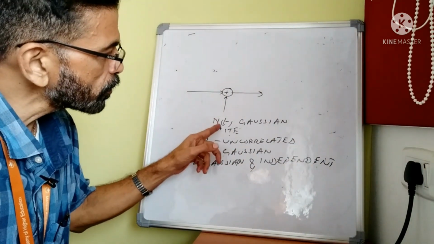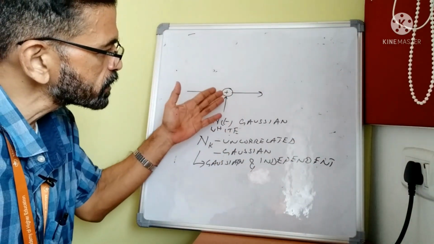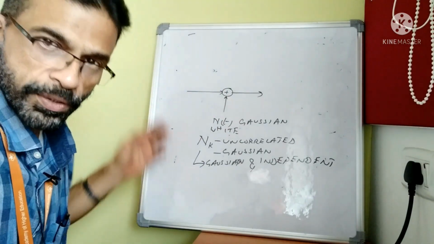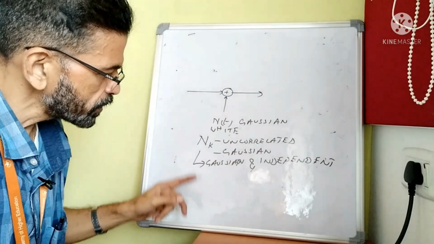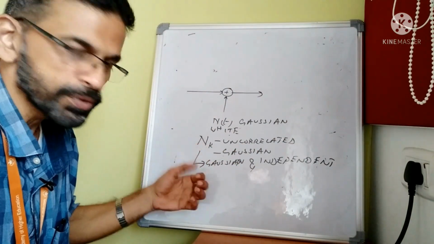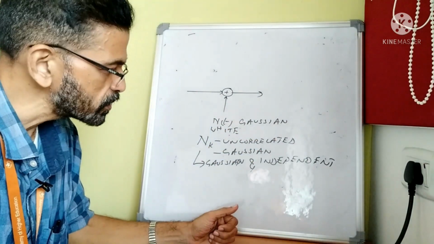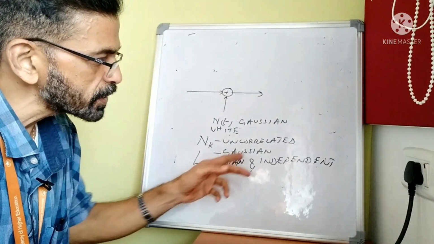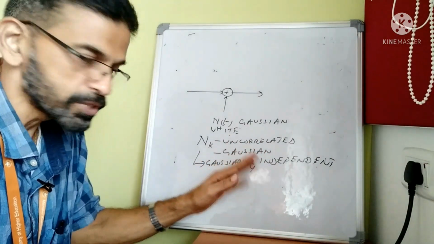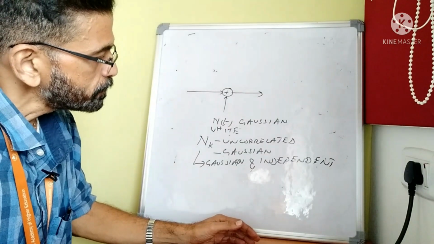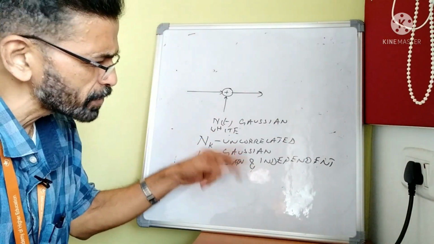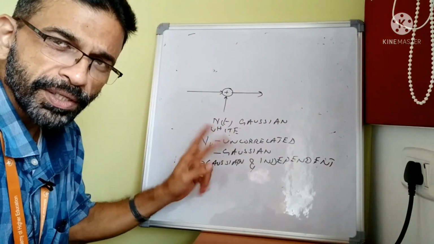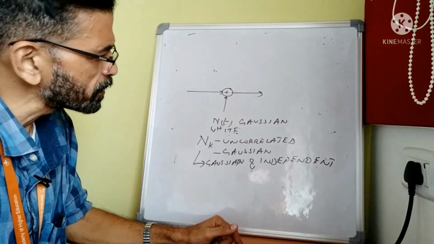So remember, when the noise process which gets added to the signal in the course of its propagation towards the receiver is white and Gaussian, then nk, the coefficients with which we expand nt as a series, will also be Gaussian and statistically independent of each other. That happens because they are uncorrelated if the noise is white, but since it is Gaussian, they will be independent. Uncorrelated Gaussian random variables will be independent.